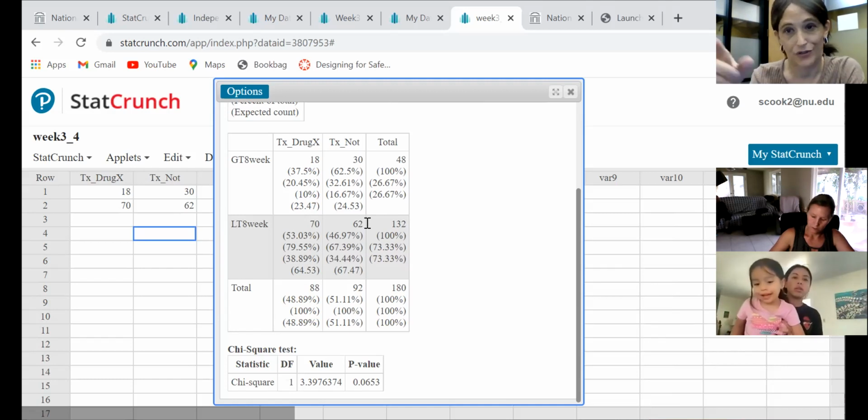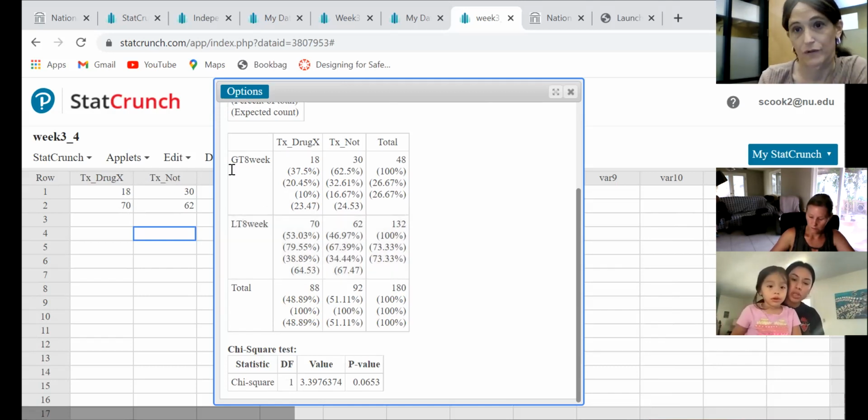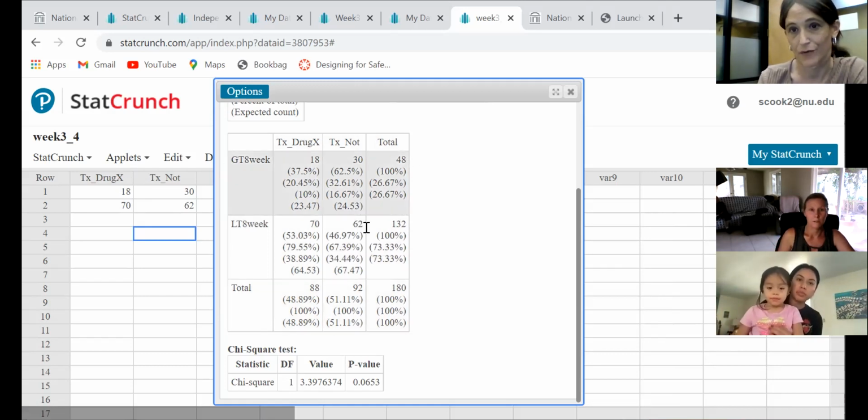And basically what you're going to do is take those cell counts just as you would in the homework exercise and put those in, doing it the same way, entering columns, rows, and labels. And you really don't need more labels than what I've showed you here.